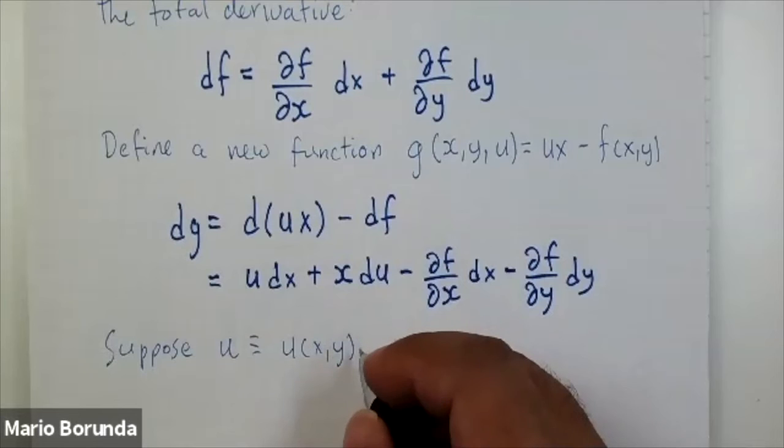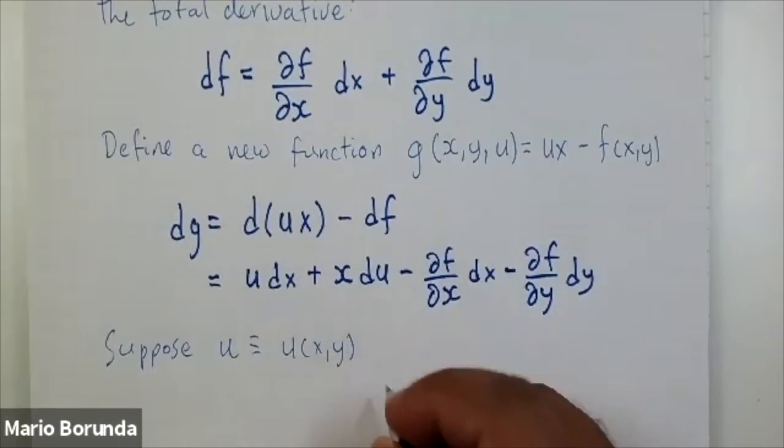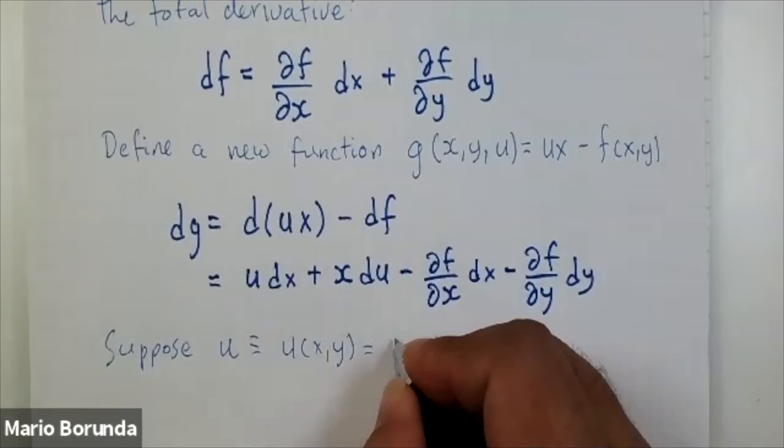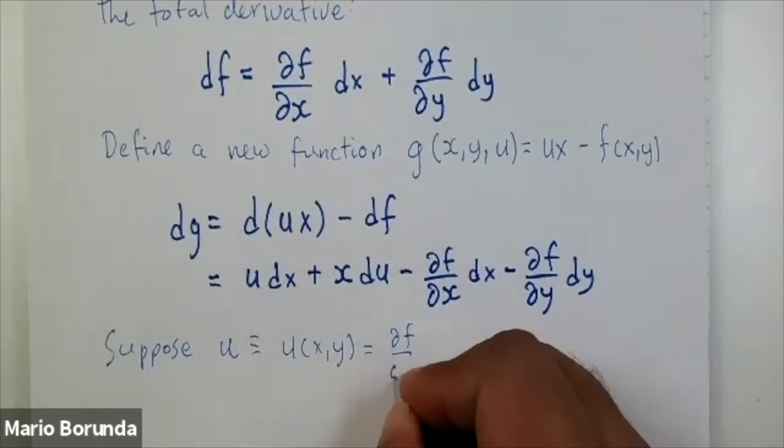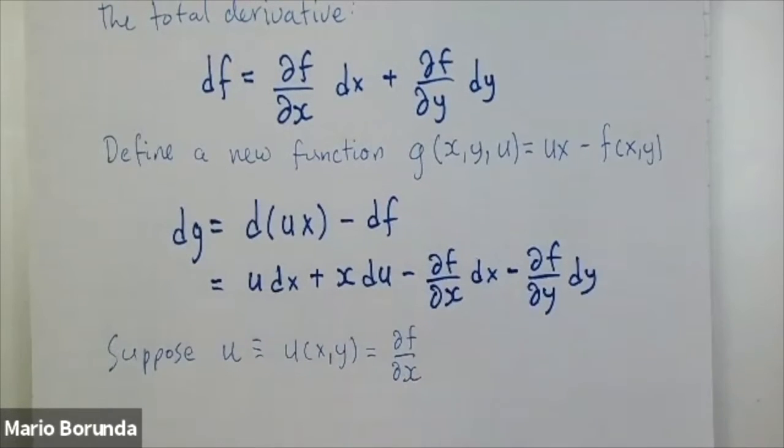And we can do that, and even assume that it is the partial of f with respect to x. That's what I'm going to choose as a definition for u.